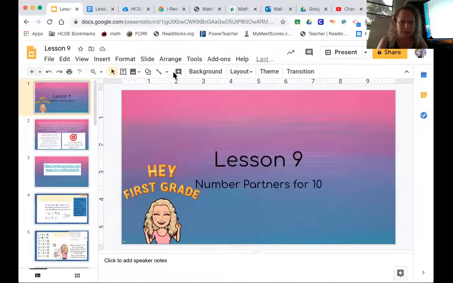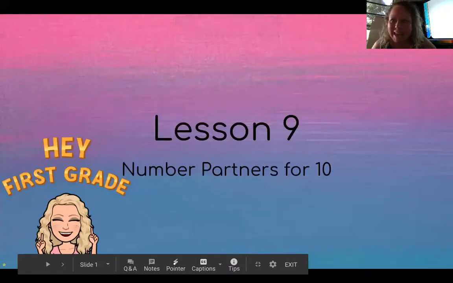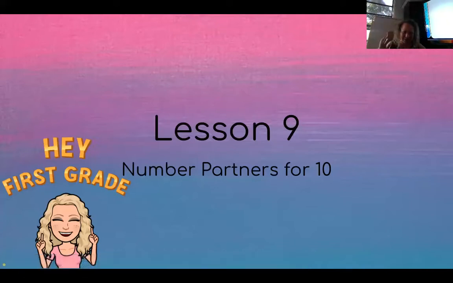All right. Thank you for being patient while I share my screen with you. Today, we're going to be working on lesson 9, number partners for 10. We've worked with number partners for the numbers 6, 7, 8, and 9.